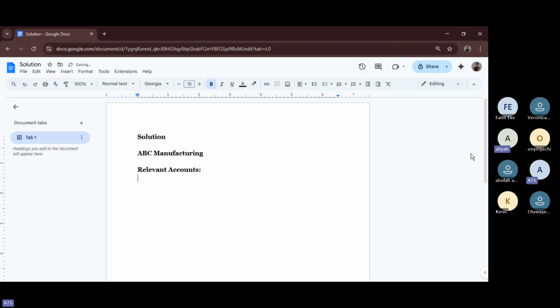Work in progress account. Cost ledger control account.